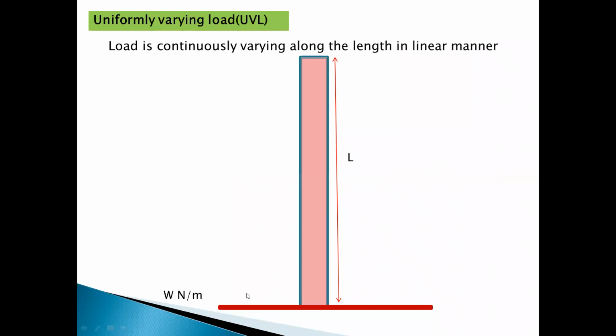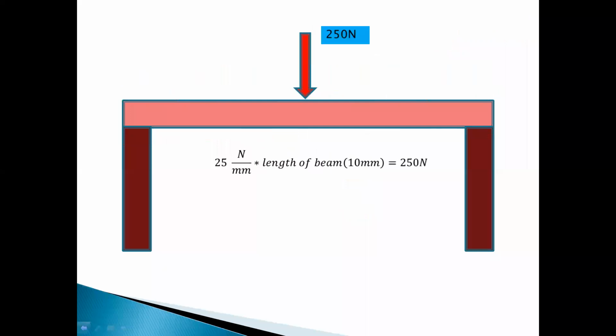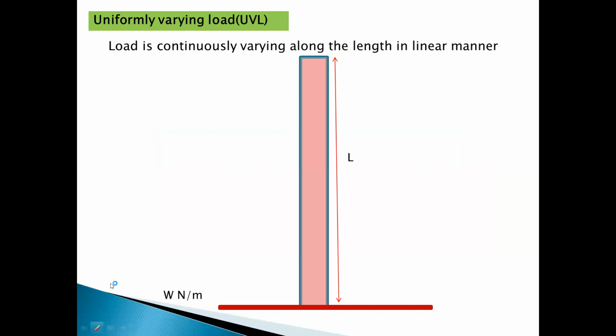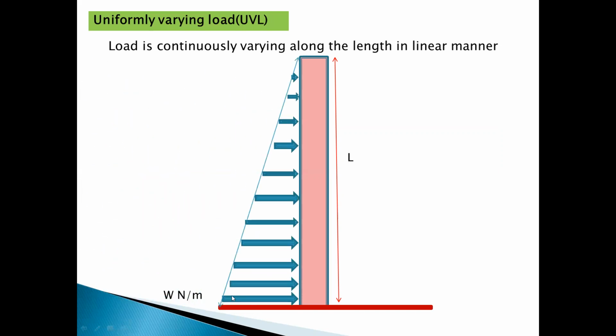So similarly, uniformly distributed load, we have uniformly varying load. Okay, so in uniformly distributed load, the intensity is constant across the length. And here the intensity is varying from one point to the other point. So this is called a uniformly varying load. Okay.